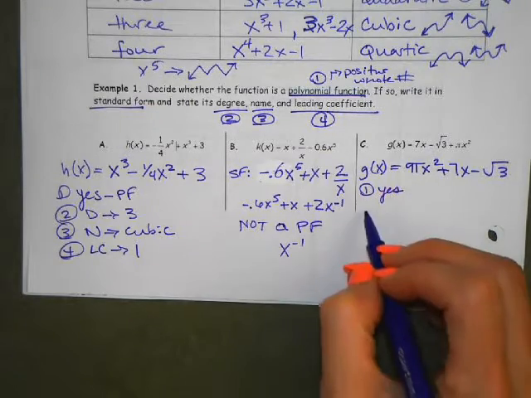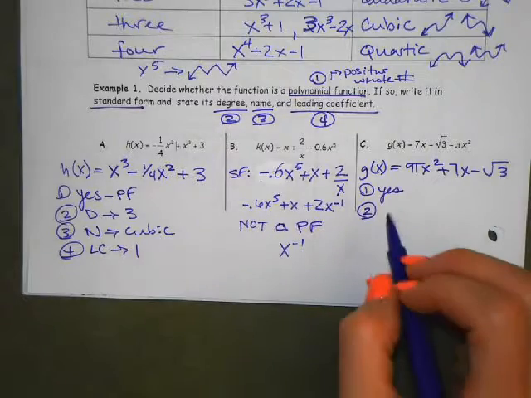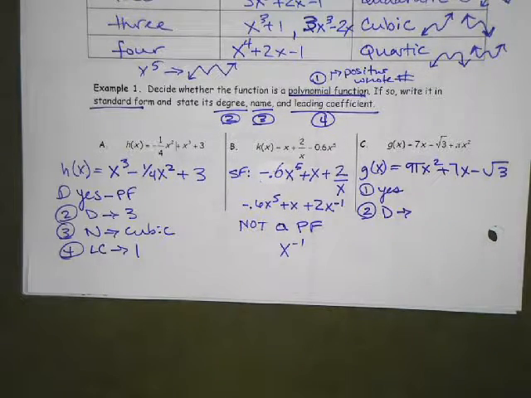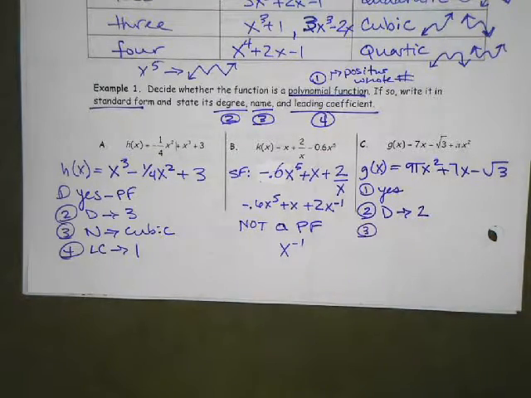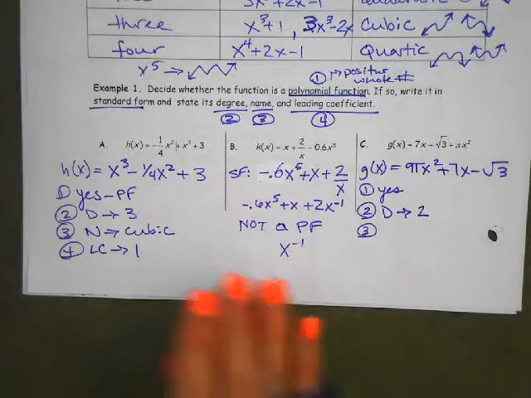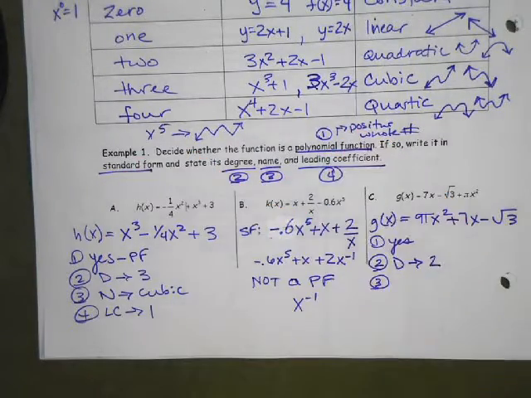So it's a yes. All right, number 2 is then, what's the degree? What's the degree of this polynomial function? 2. All right, number 3, what is the name of it then? Quadratic, right? Because 2 is quadratic.